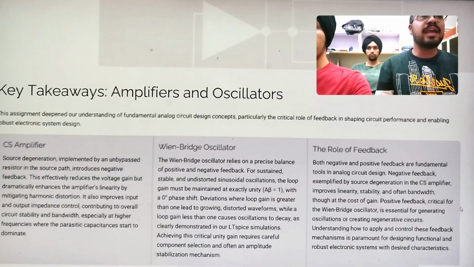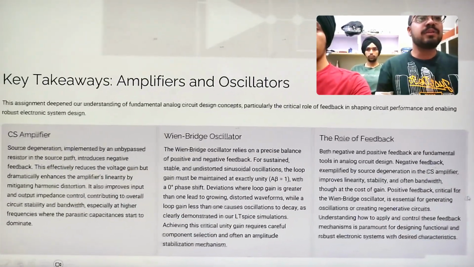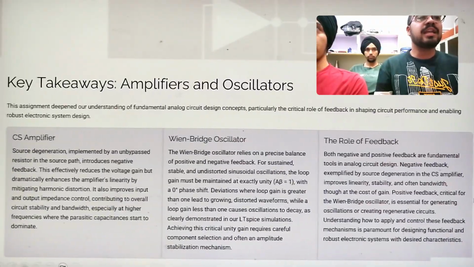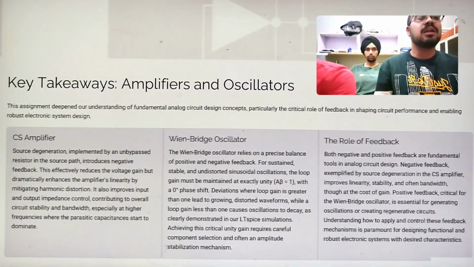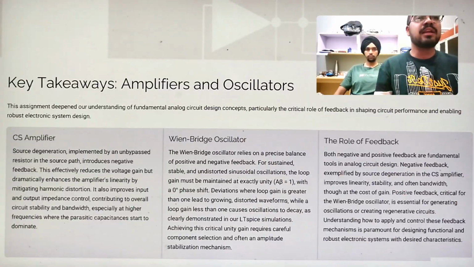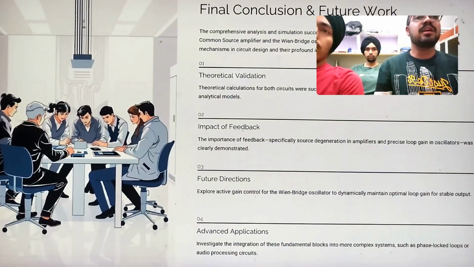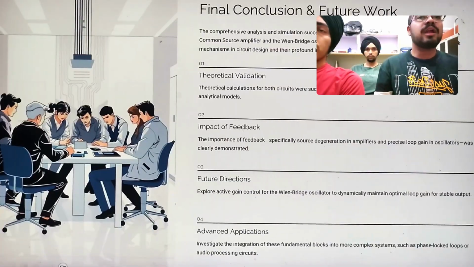Understanding how to apply and control these feedback mechanisms is important for designing functional and robust electronic systems with desired characteristics. Finally, we conclude, and future work will be theoretical validations.